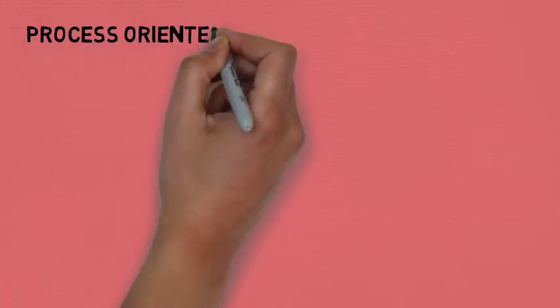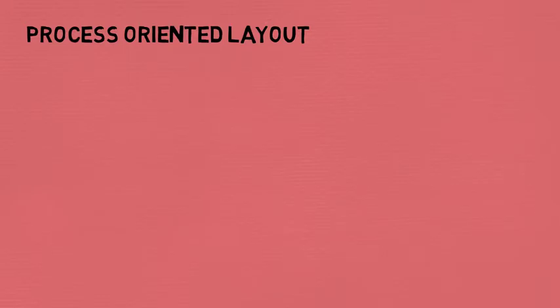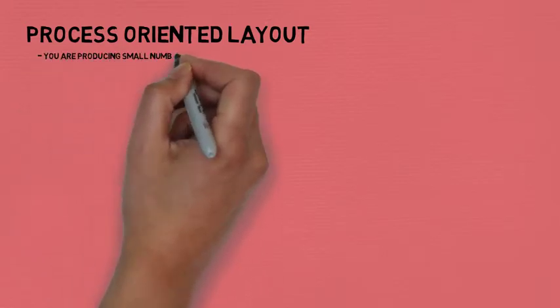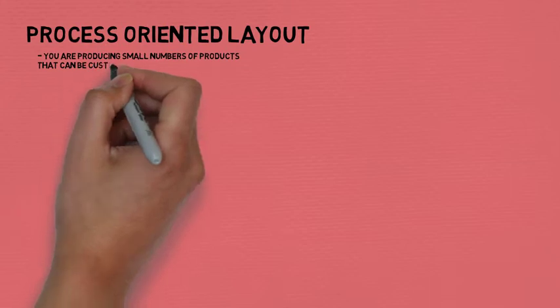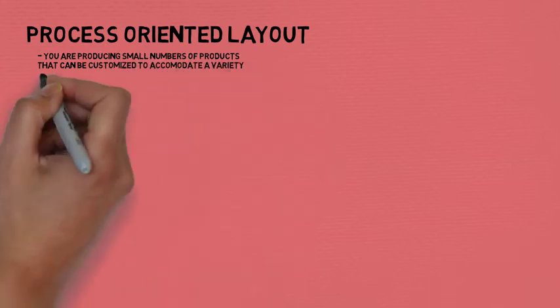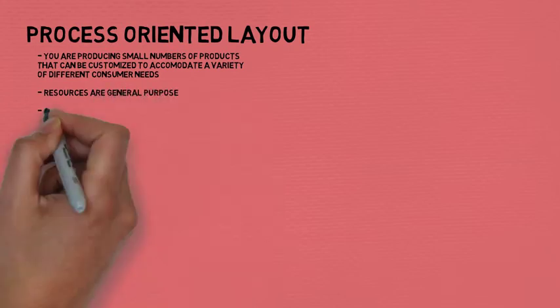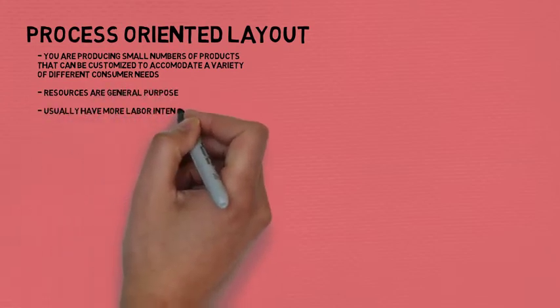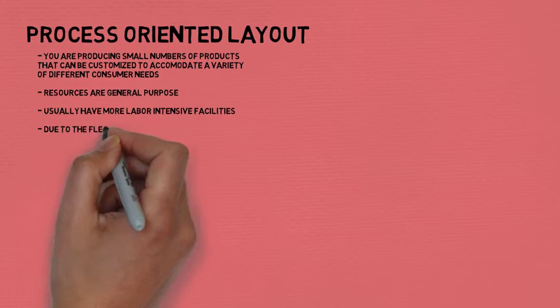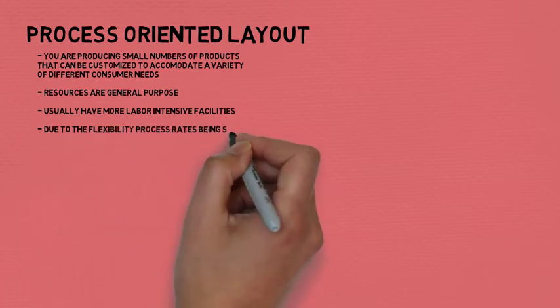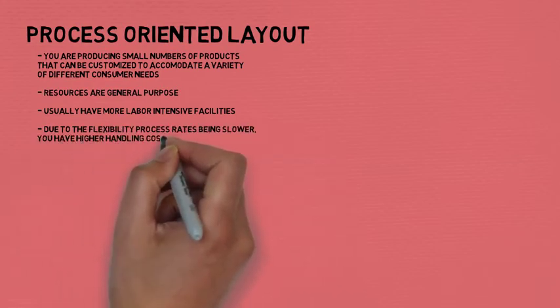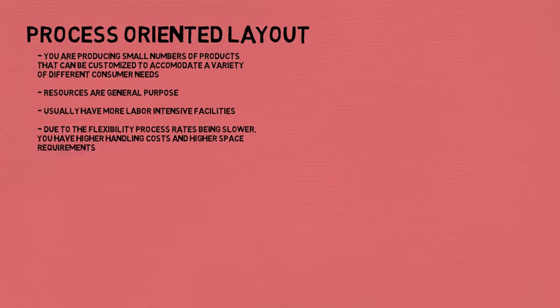For example, in a process-oriented layout, you are producing small numbers of products that can be customized to accommodate a variety of different consumer needs. The resources are general purpose. You usually have more labor-intensive facilities due to the flexibility, with processing rates being slower. You also have higher handling costs and higher space requirements.